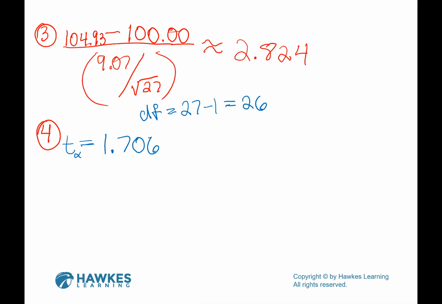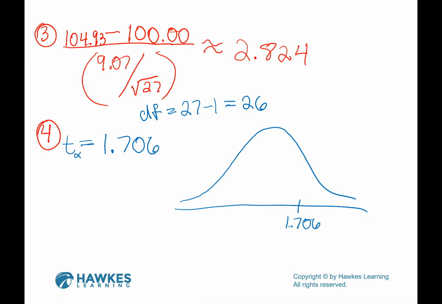But I like making the little sketch. Here it's right-tailed, so I have 1.706 over here. Anything to the right of that, since it's right-tailed, is going to be my rejection region. And my test statistic does fall to the right of that, somewhere over here.